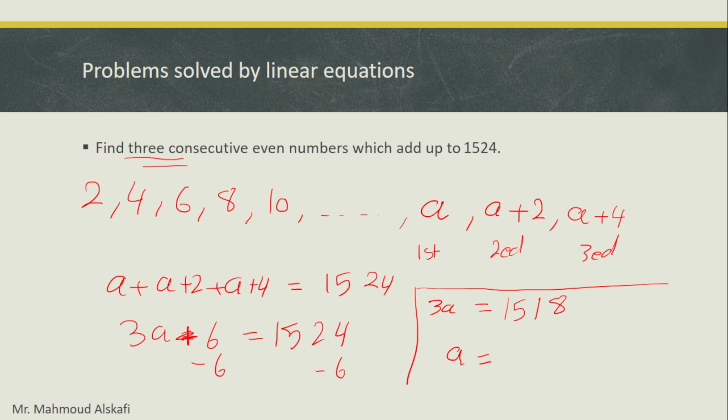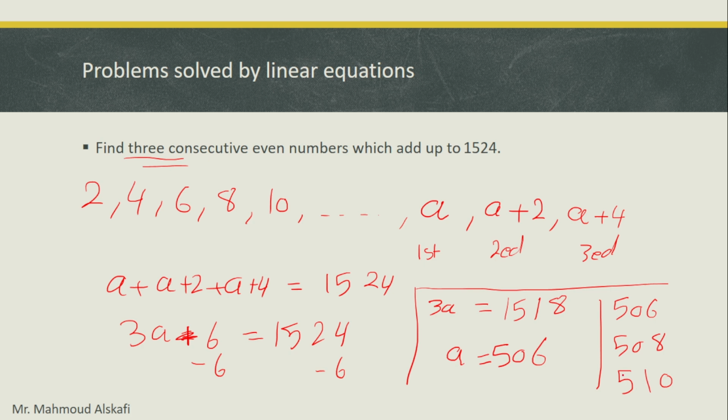So the first number is 506. The second number should be 508, and the third 510.